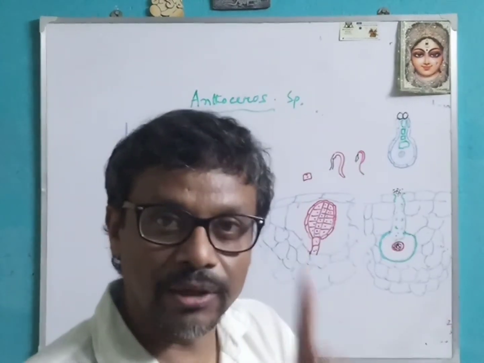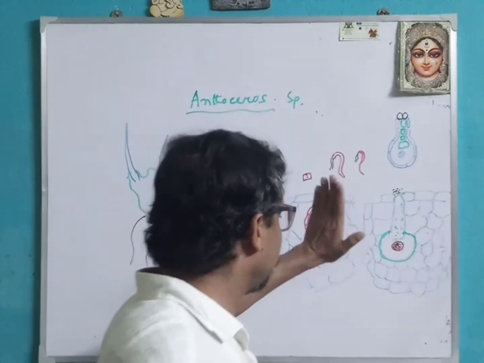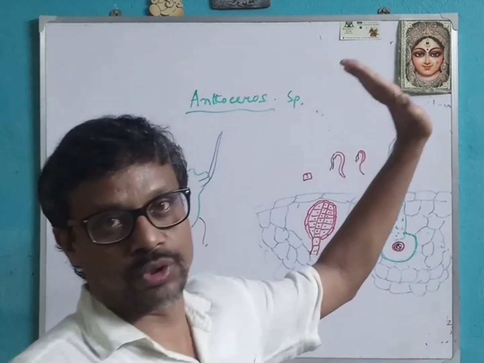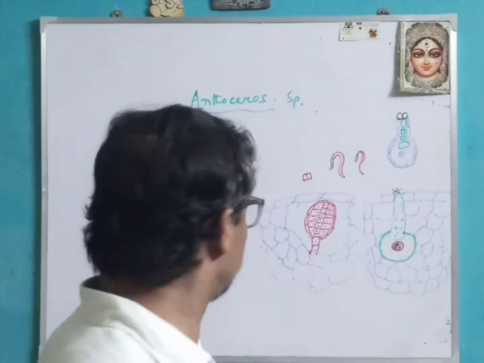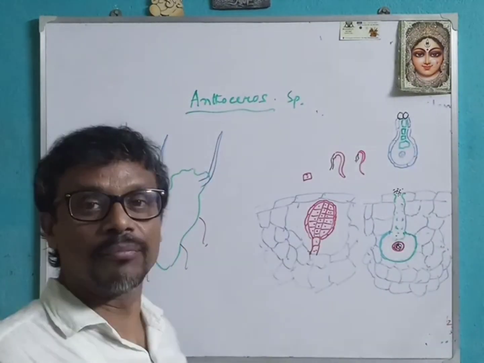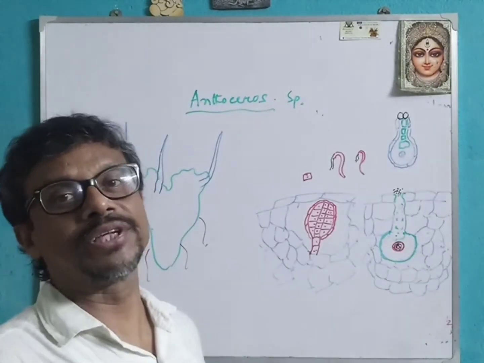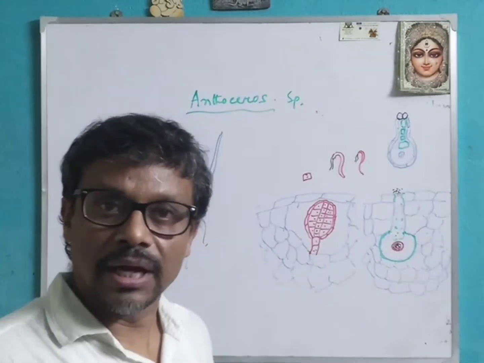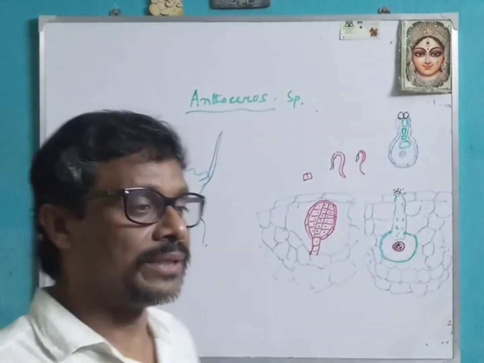As the zygote is formed, the sporophytic generation starts with Anthoceros. Now, Anthoceros will show an elaborate sporophytic structure and sporophytic development that we will see later on.